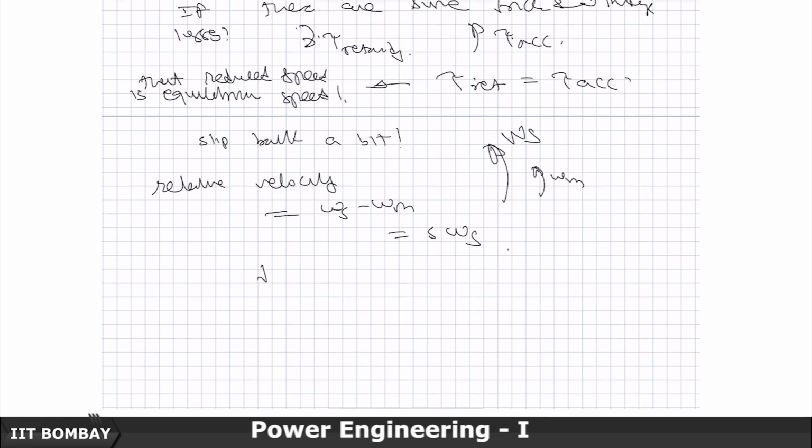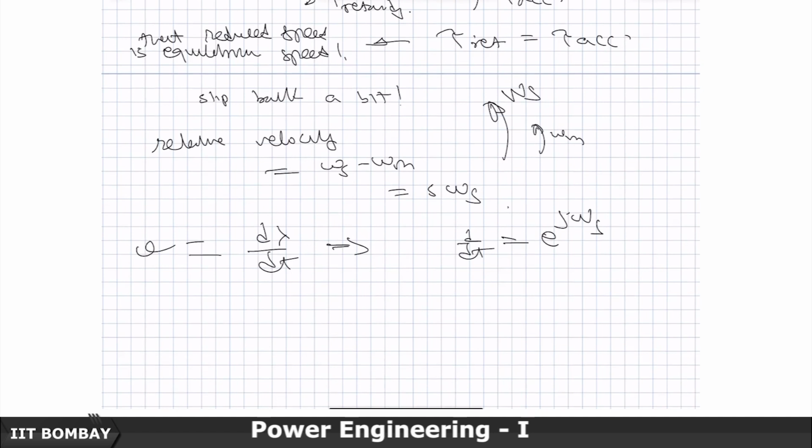So, in V equal to d lambda by dt, usually we replace the d by dt operator by e to the power j omega s t, but now we will have to replace this operator by e to the power j s omega s t.